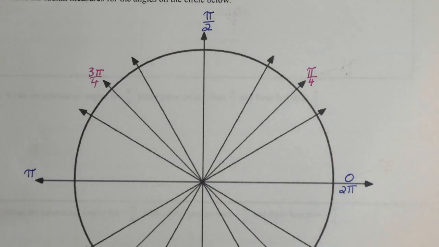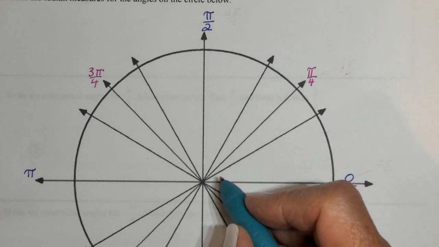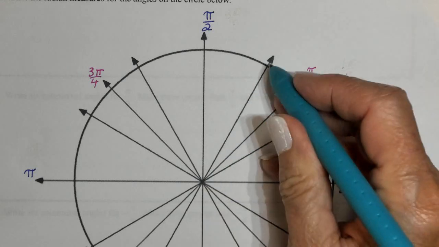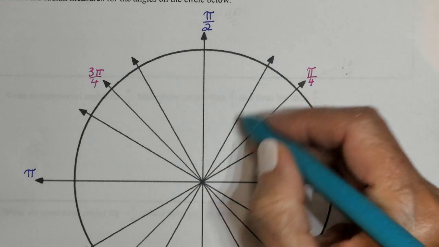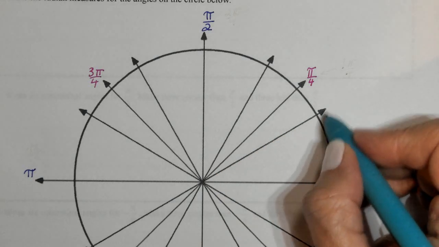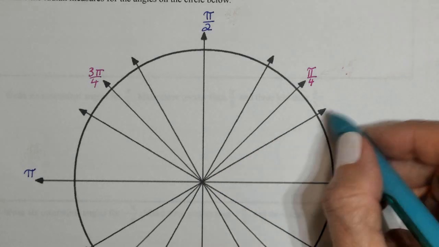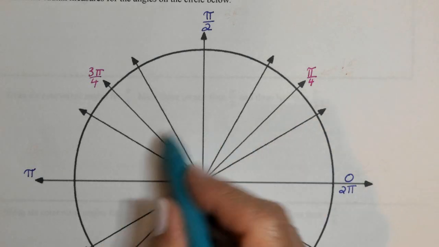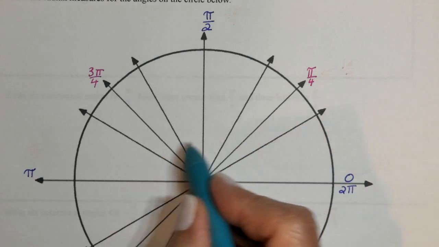Alrighty. Let's go now to, let's do the 60 degrees. All right. You know what? Let's do the 30 degrees. 30 degrees is 1/6 of 180 degrees, right?